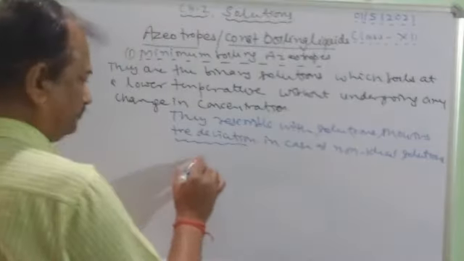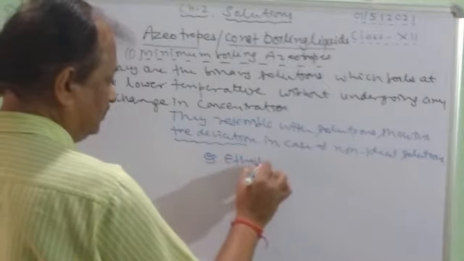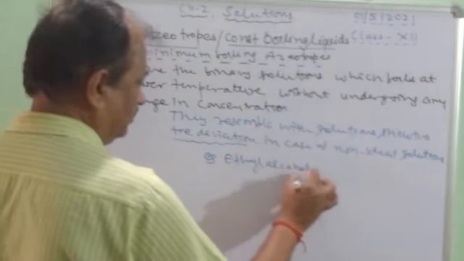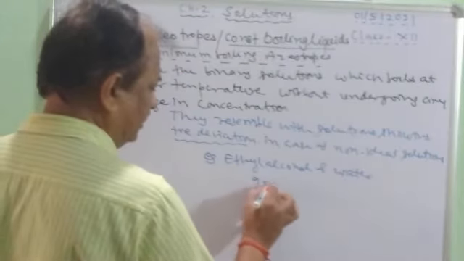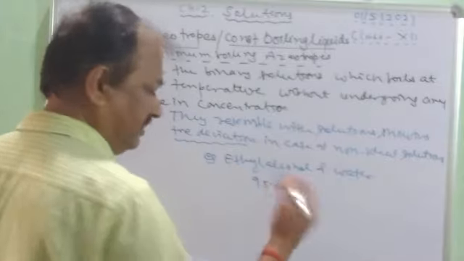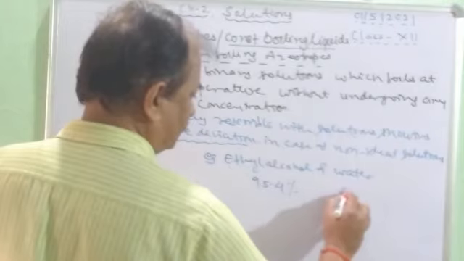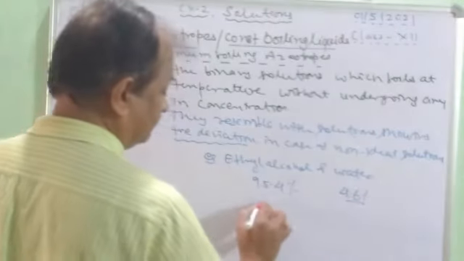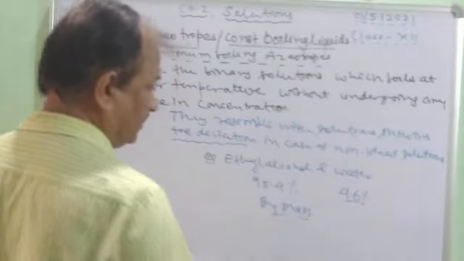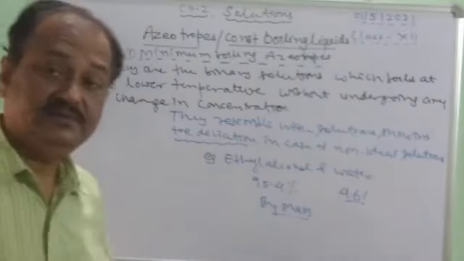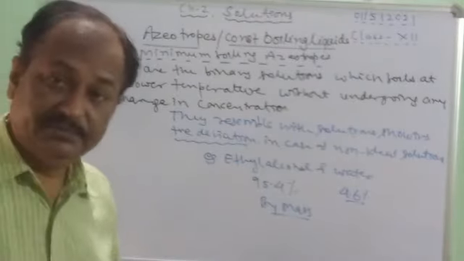Now an example: ethyl alcohol and water. Around 95.4% by mass is ethyl alcohol and 4.6% by mass is water. So they boil at low temperature.